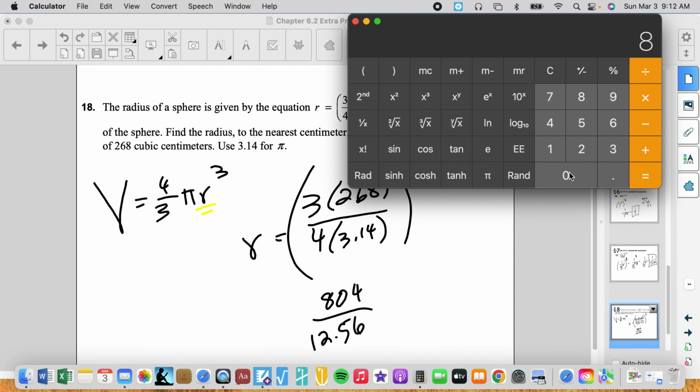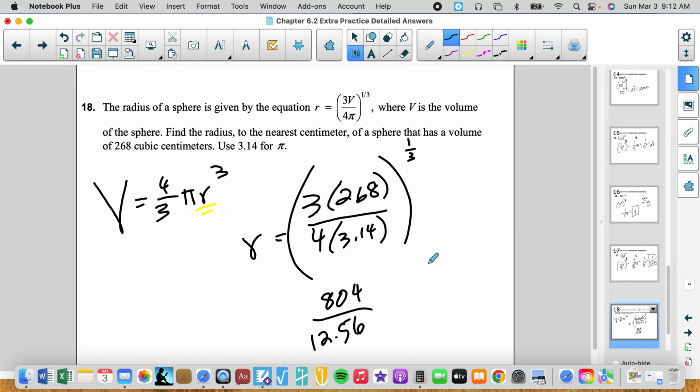So 804 divided by 12.56 gives us a nice number? No, not very nice at all. Okay, and then to the 1/3 power. Oh, the cube root, sorry. Cube root, to the nearest centimeter, to the 1/3.